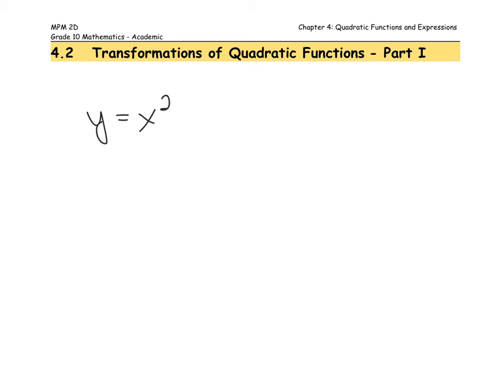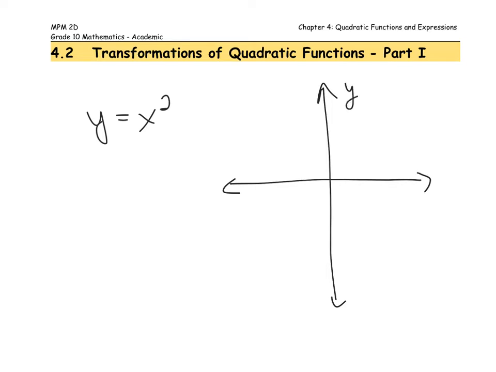Usually it has some semblance of what we saw before, and certainly that's the case when we look at our quadratics. So in yesterday's activity, I'm hoping that you saw some of the following things. Here's my graph of y equals x squared.